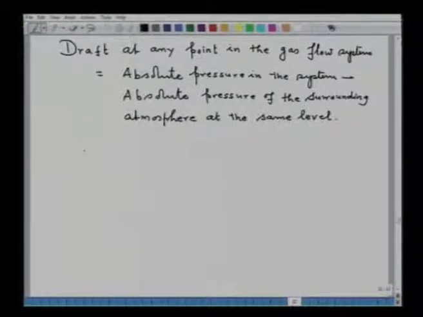So if we take D1 at point 1, that will be equal to P1 naught minus P1, and D2 at point 2 will be equal to P2 naught minus P2.